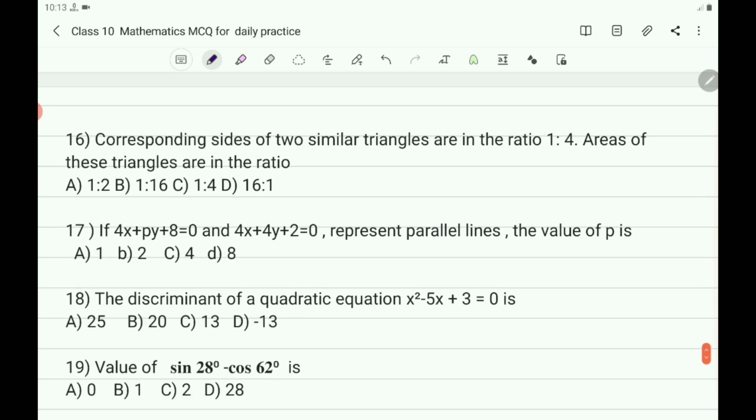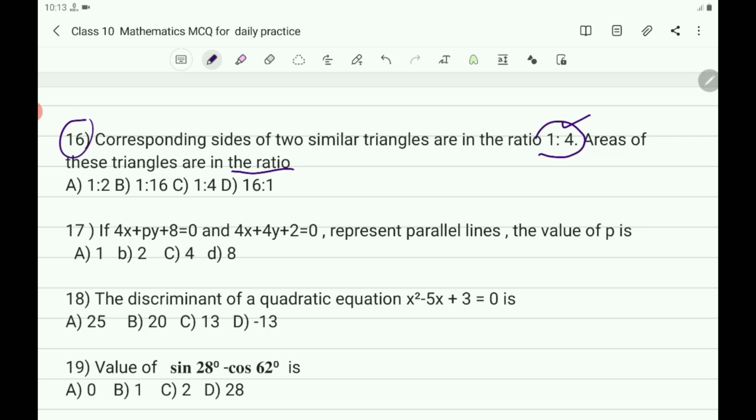Next, 16th question. Corresponding sides of two similar triangles are in the ratio 1 is to 4. The areas of these triangles are in the ratio? What is given here: sides are in the ratio 1 is to 4. The areas of similar triangles are in the ratio of the squares of their corresponding sides.